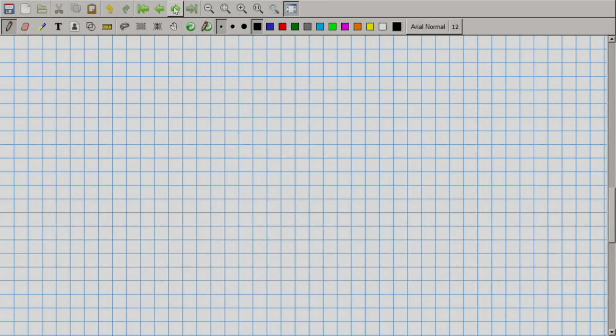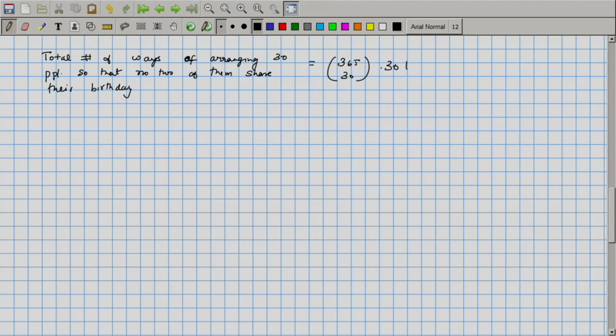So, the total number of ways of arranging the 30 people so that no two of them share their birthday is equal to 365 choose 30 times 30 factorial.